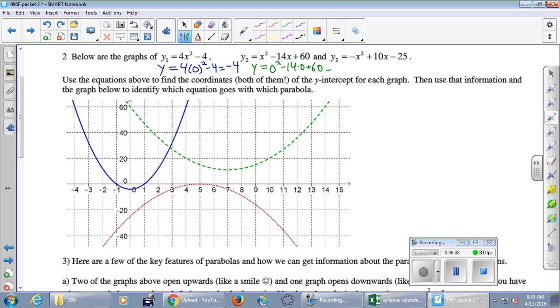What is that? 60. And then in the last equation, let both x's equal 0. So we go negative 0 squared plus 10 times 0 minus 25 is negative 25.